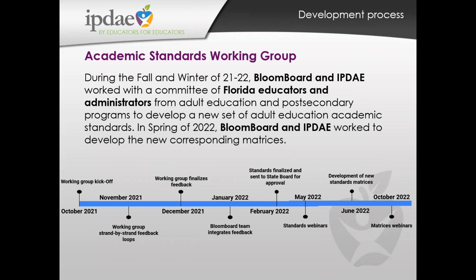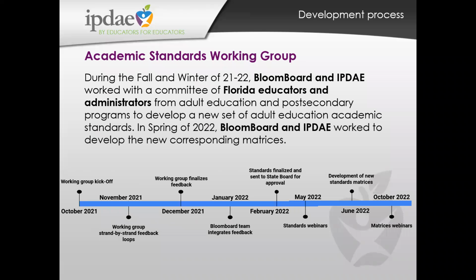During the fall and winter of last year, Bloomboard and IPDAY worked together with a committee of your colleagues, Florida educators and administrators from adult education and post-secondary programs across the state, to develop a new set of adult education academic standards. That work was happening predominantly last fall in October, November, and December, with multiple strand-by-strand feedback loops to inform the development of those new adult basic education standards, which were then presented to the board in February of this year.